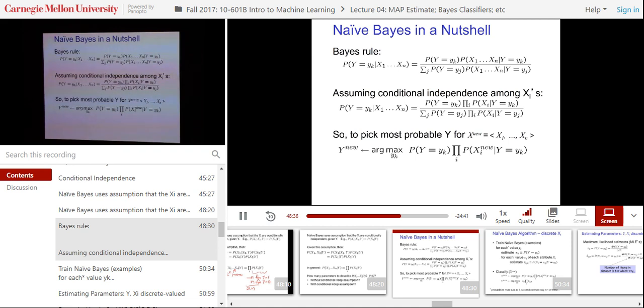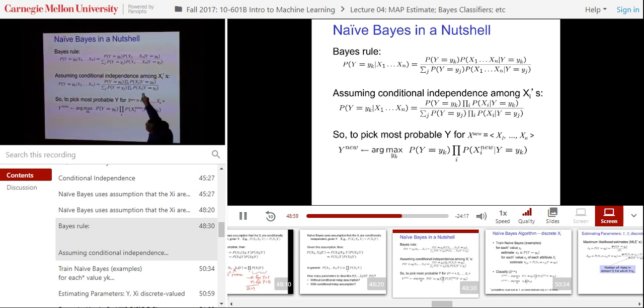Okay, so here is the naive Bayes learning algorithm. It's called naive because we are making this naive assumption about all of the xi's being conditionally independent given y. And so we start with Bayes' rule. Nothing suspicious there. Bayes' rule is the most trustable part of probability.